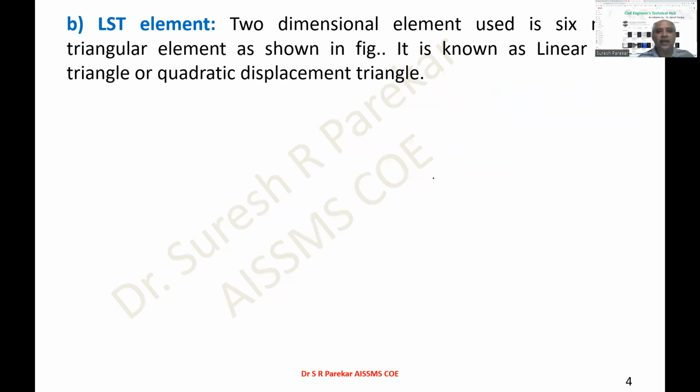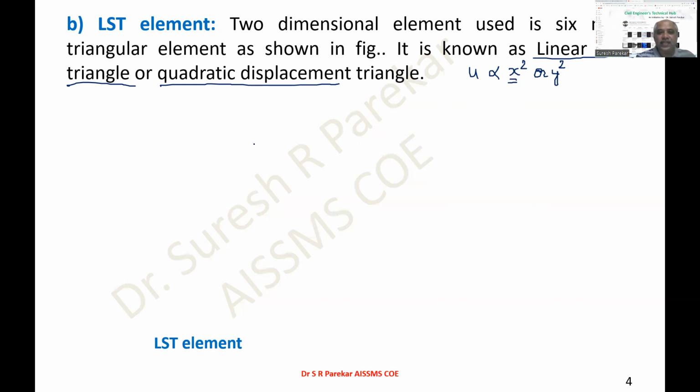Then we have the second element, where we have quadratic displacement, meaning your function u is proportional to x squared or y squared. Therefore it is a quadratic triangle, and it is known as linear strain. When you take the derivative of this, one power is reduced, it becomes 2x, and therefore it is linear strain and a quadratic displacement triangle.